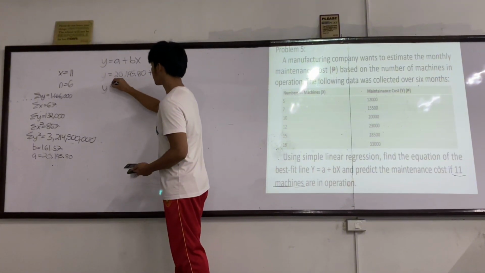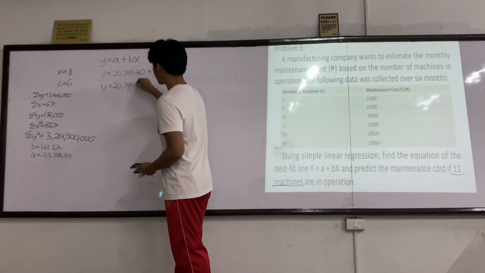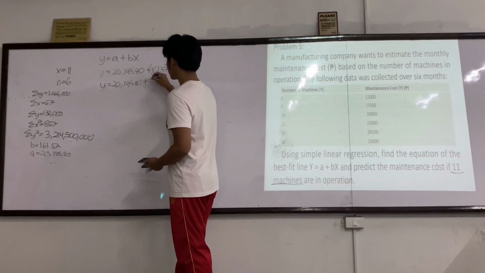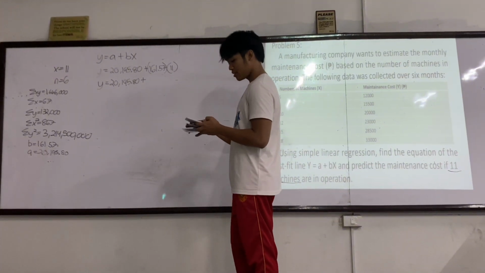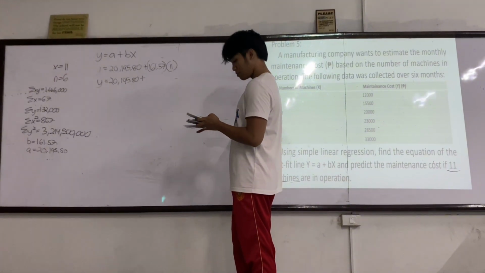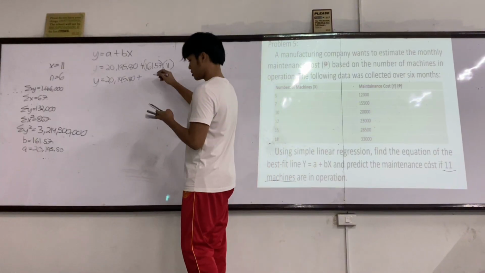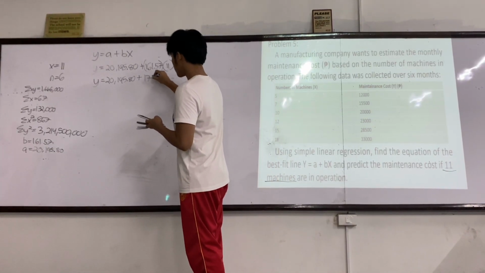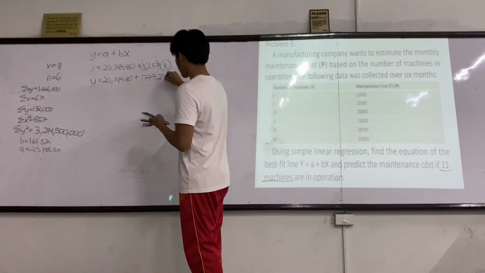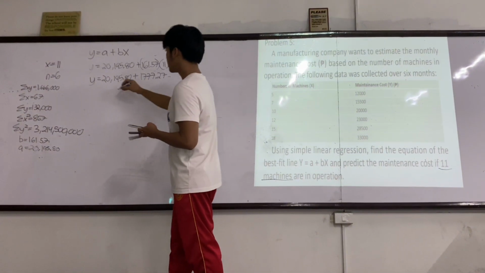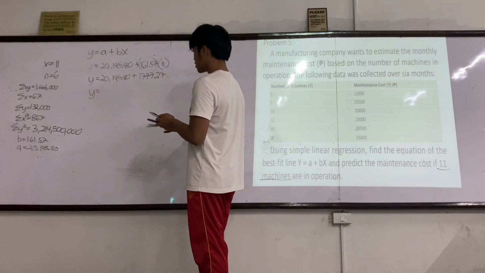Simplify. 161.57 times 11, which is 1,777.27.